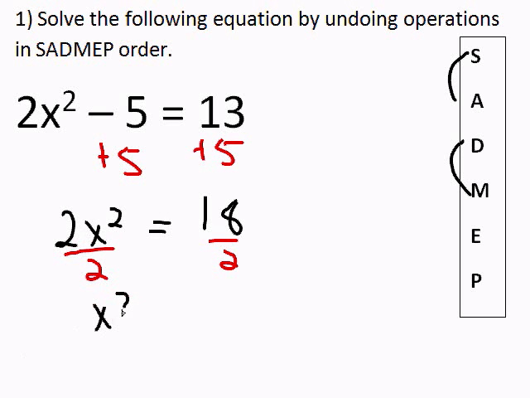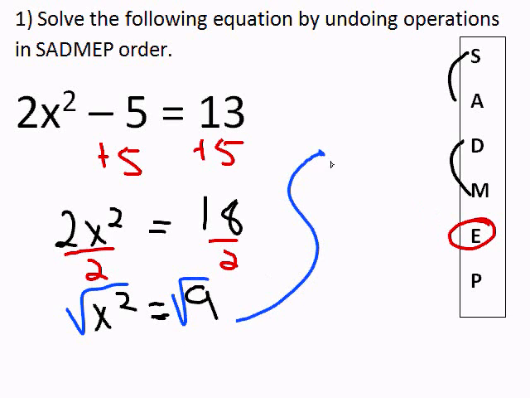This gives me x squared is equal to 9. And then to get rid of the square, that's our exponent, I'm going to take the square root of both sides. And that's going to leave me with my final answer as x equals plus or minus 3, because the square root of 9 is 3. And remember, we get a positive and a negative answer, which I'm going to choose to write as x equals plus or minus 3.